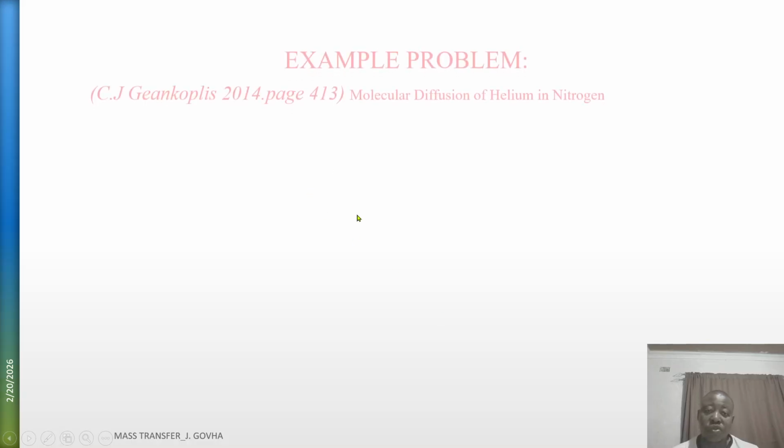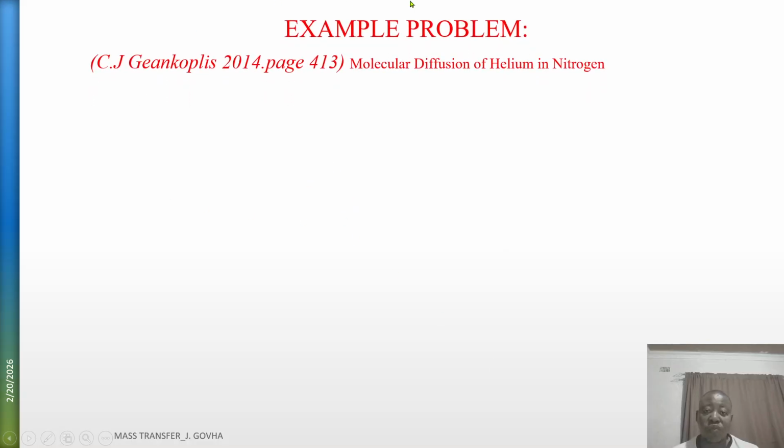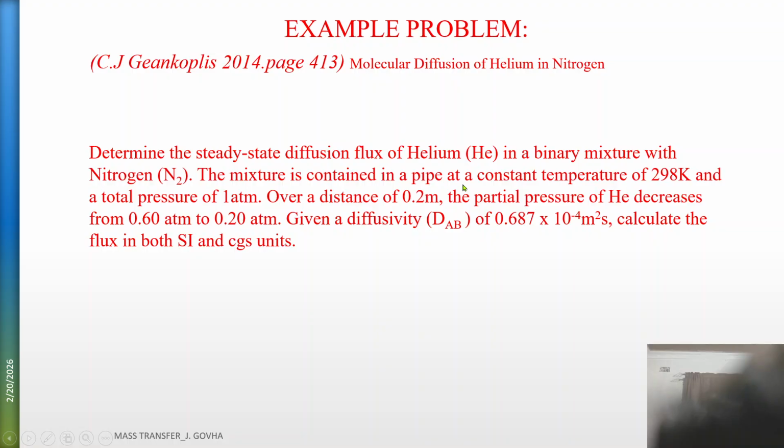Right. Moving further, let's look at an example that was extracted from a book written by Jean Coplis, Transport Processes. Here we want to determine the steady-state diffusion flux of helium in a binary mixture with nitrogen.